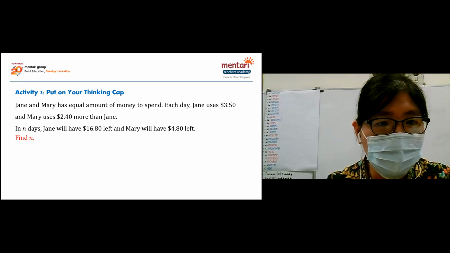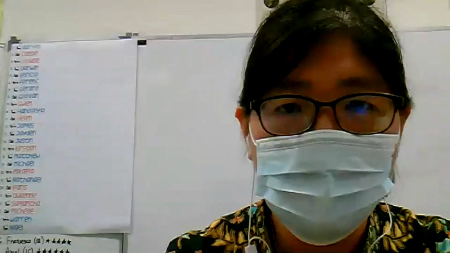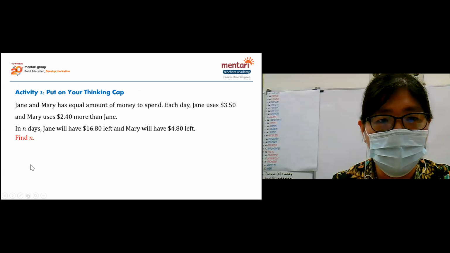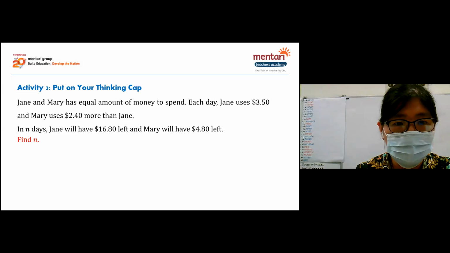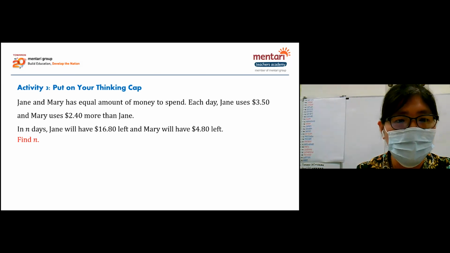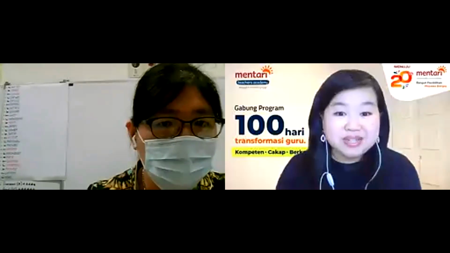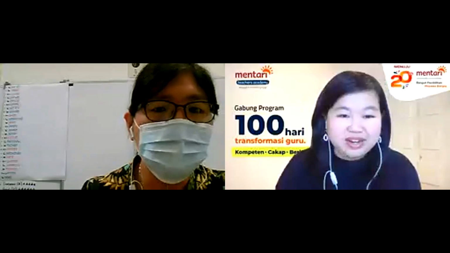Jane will have $16.80 left, while Mary will have $4.80 left. So I subtract the difference from the last result. I got $12. So I go back to the difference, $2.40. For how many days will be $12, and it will be 5 days. Okay, lovely. So you're making use of the difference of the remaining amount, and then you just work it backwards from there. Okay, very good.